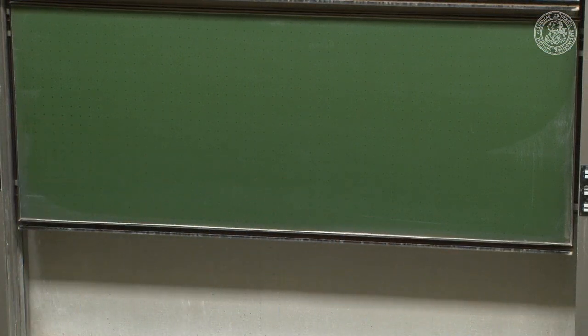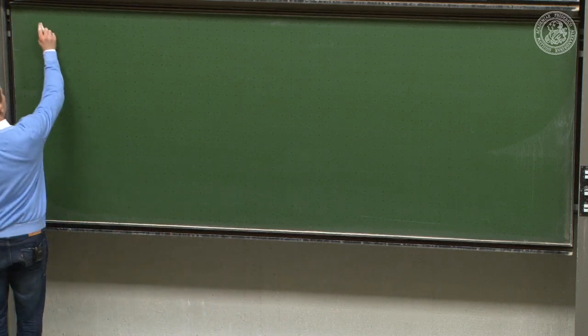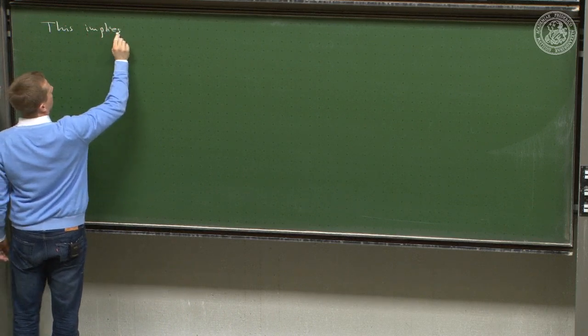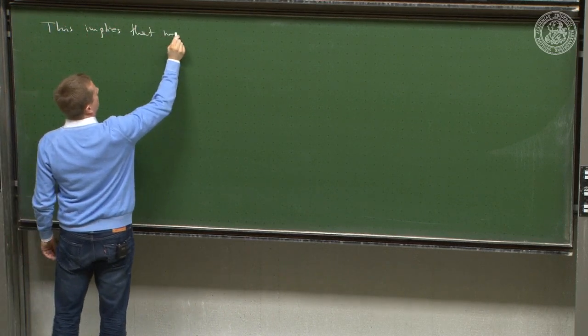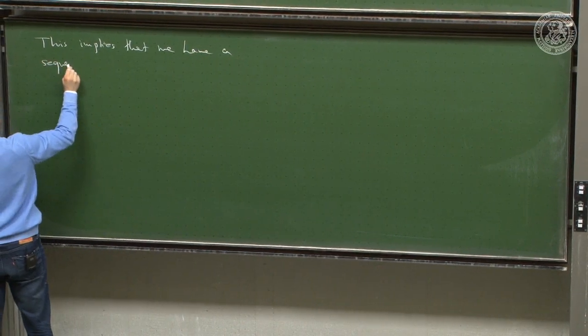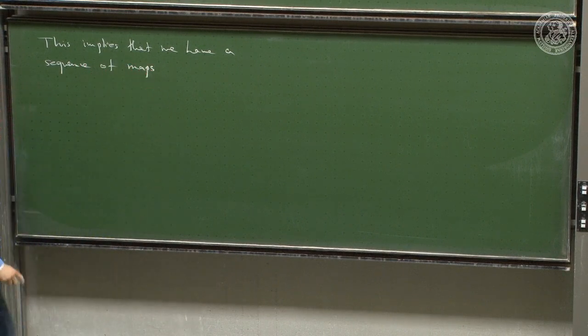But in fact, lots follow from that. This implies that we have a sequence of maps. So now let's be careful.